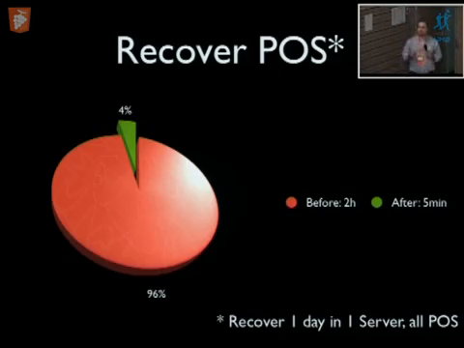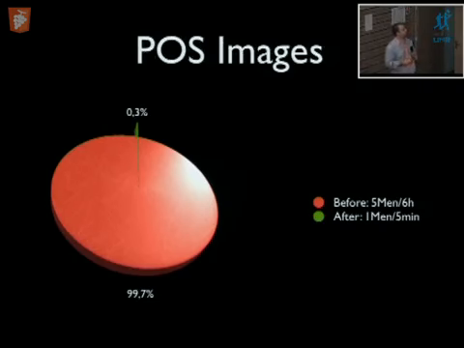They just put the information on the form and press submit. Post image: before they had 5 men for 6 hours to put all the images in the servers and points of sale. Now it's 1 man for 5 minutes. Just upload the image, go to the configurations and press send.